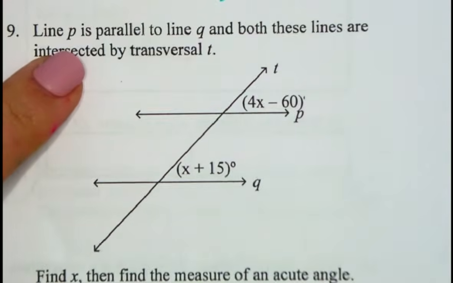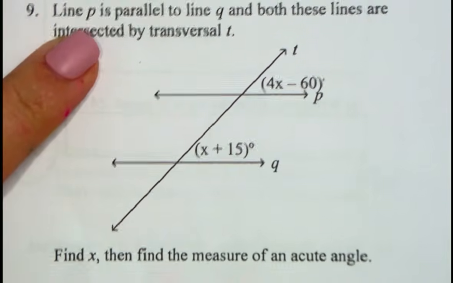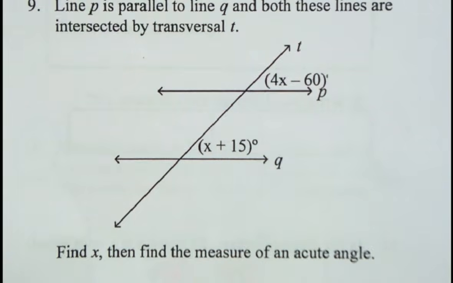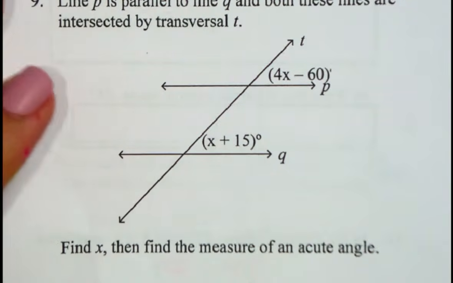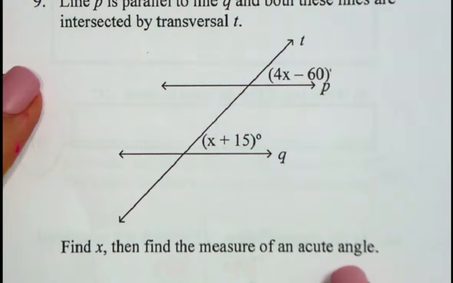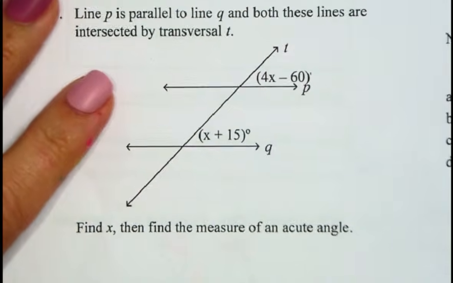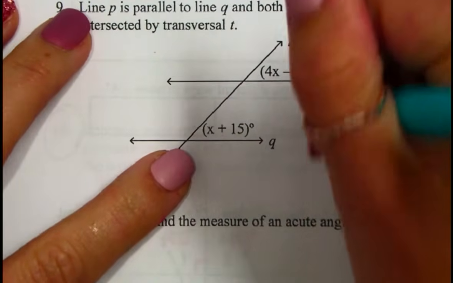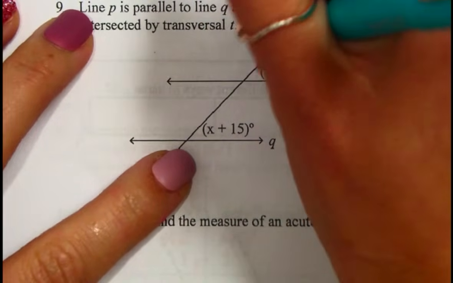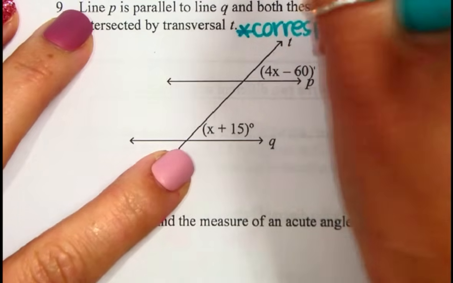For number 9, line P is parallel to line Q, and both of these lines are intersected by transversal T. So we're going to find x and then find the measure of the acute angle. Given the angles that they have here, we want to remember that these are corresponding angles, and corresponding angles are congruent.